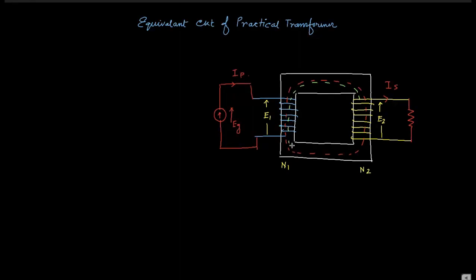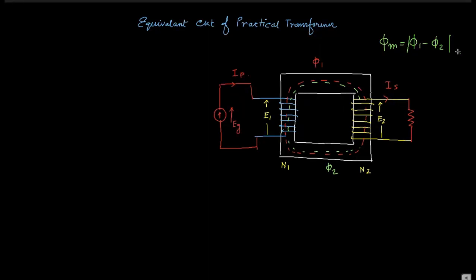and if the red dotted line is the flux due to the self inductance, phi 1, and the green dotted line is phi 2 due to E2, then the net flux, that is phi m, becomes phi 1 minus phi 2, or phi 2 minus phi 1, you can take it inside the mod.